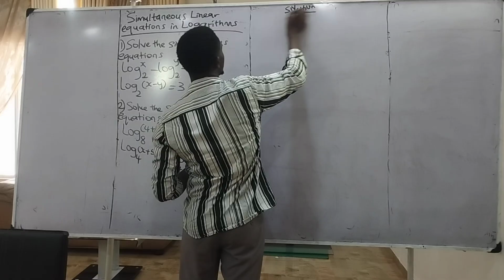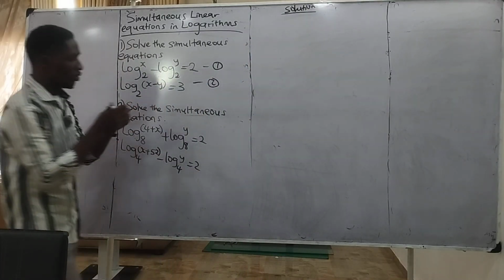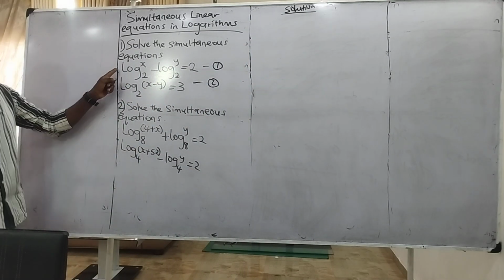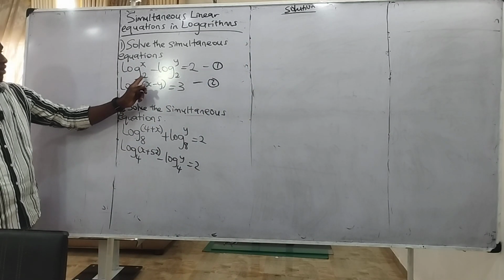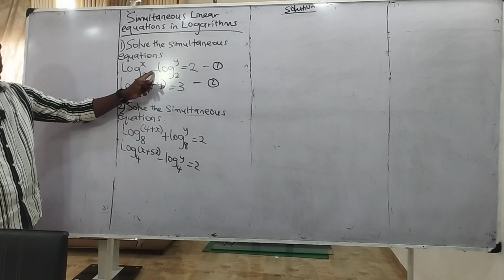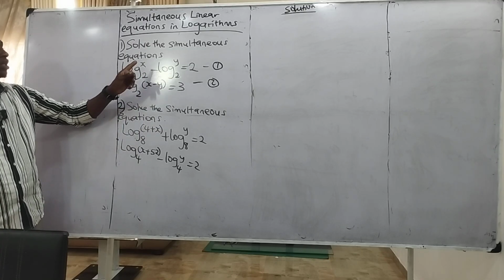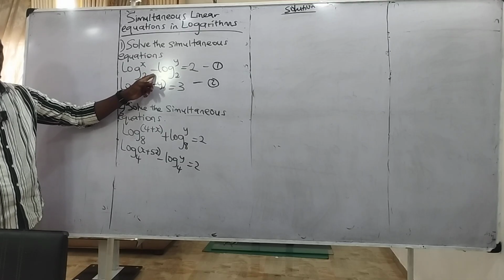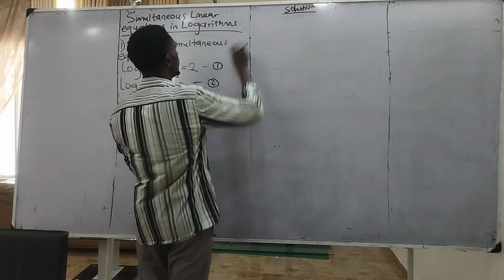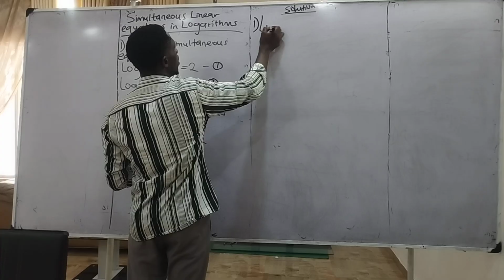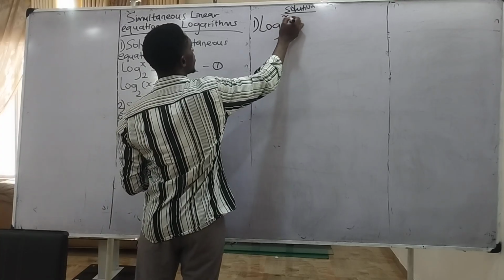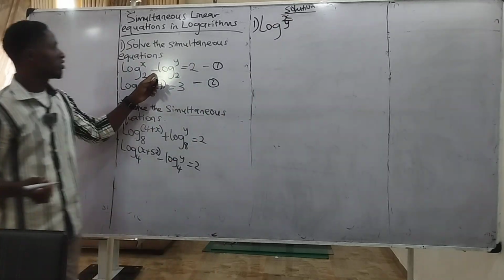So going by this, let's start with equation 1. If there is no number in front, you can see there is no number in front. They have the same base. So what law are we going to apply here? The law we are going to apply here is division. So I have log x over y, because this is minus.